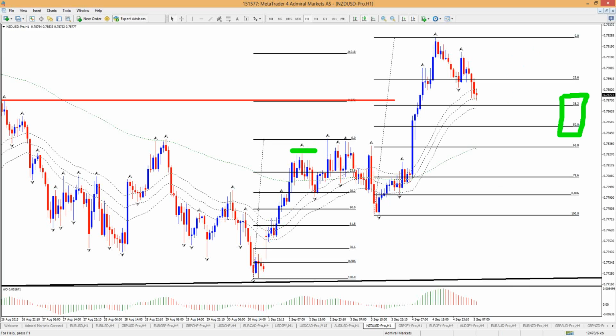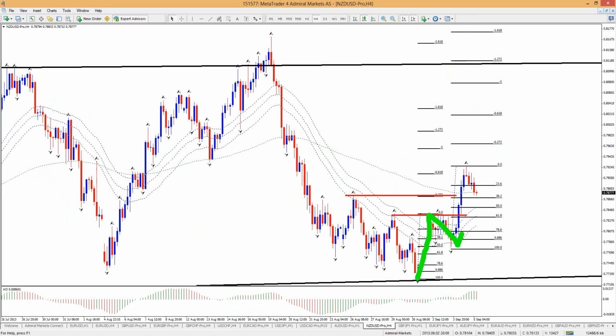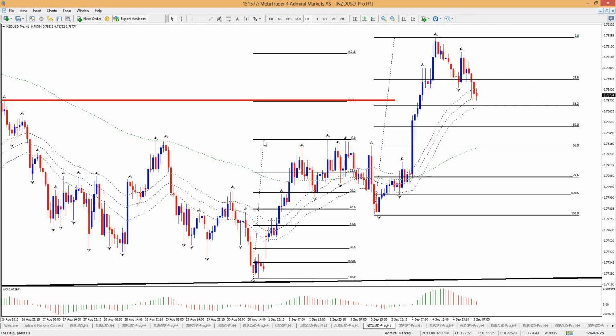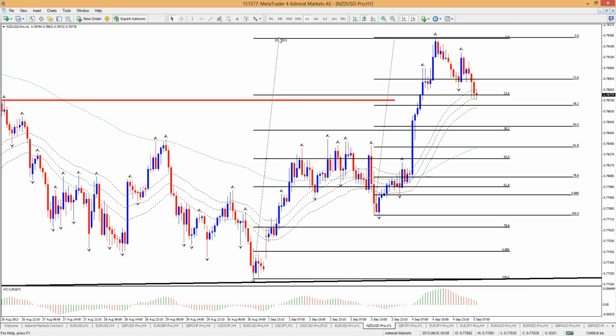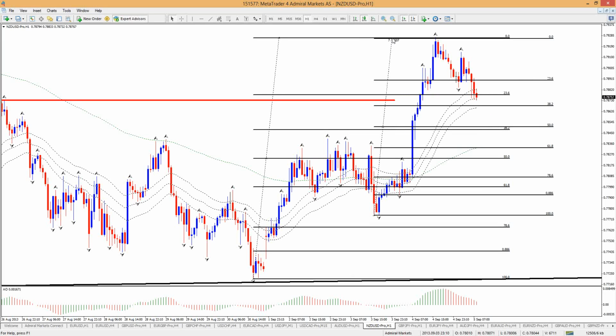The max would be 618 typically. If it's an ABC correction and not a 3-wave, then in fact we should be fibbing the entire move up, because the B wave could correct all the way deeper, and then we see that we're not at the 382 when we're at a 236.